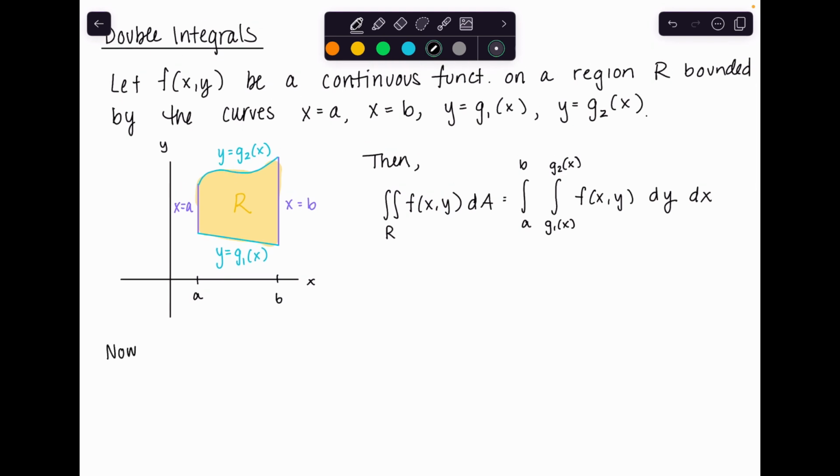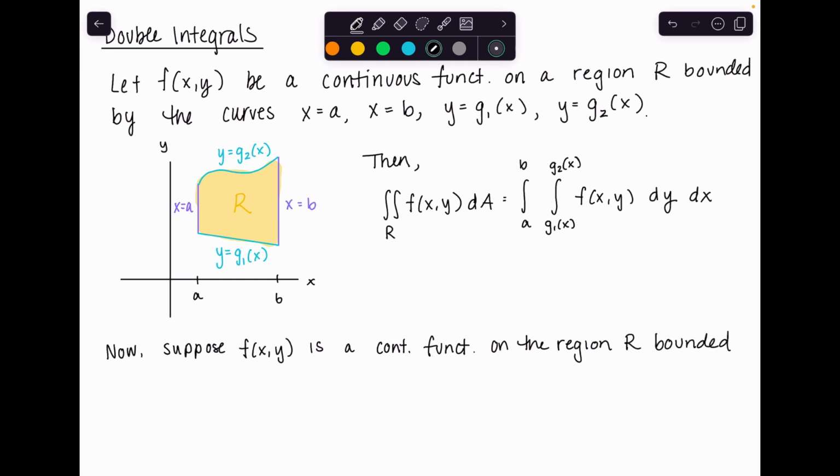So on the counterpart, suppose f is a continuous function on the region R, which is bounded by the curves y equals a constant c, y equals a constant d, and then x is these functions of y potentially.